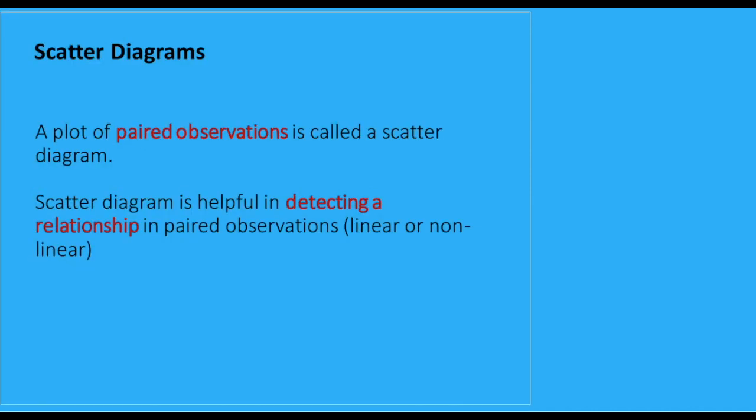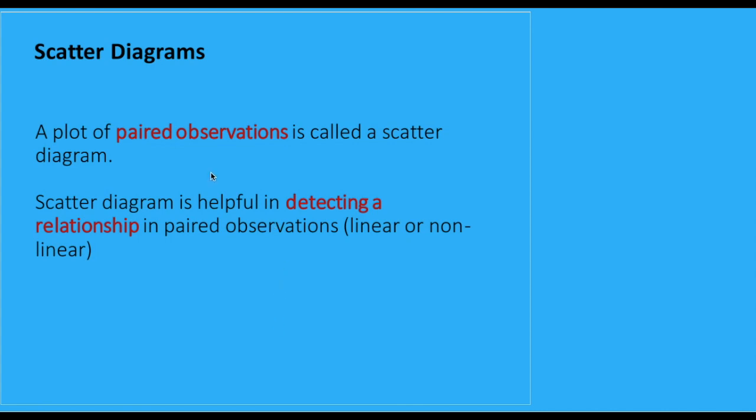Now, a value can only tell us about the strength of the relationship. To illustrate further, we need a scatter diagram. Now, let's discuss scatter diagrams.